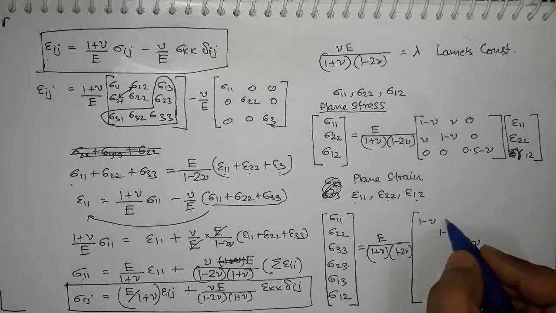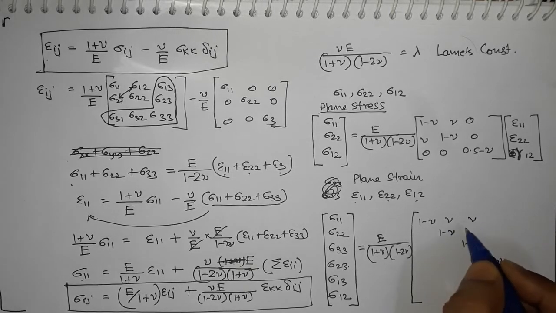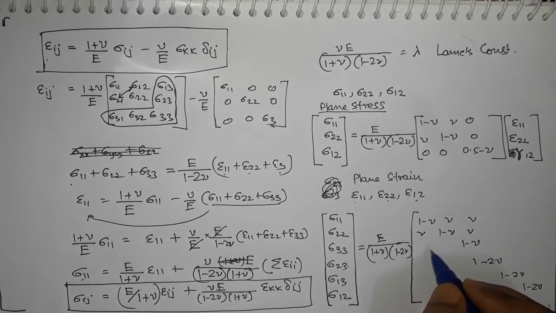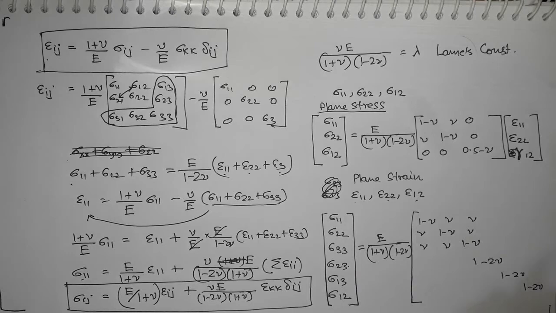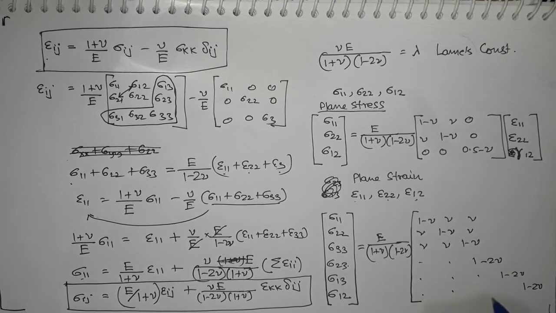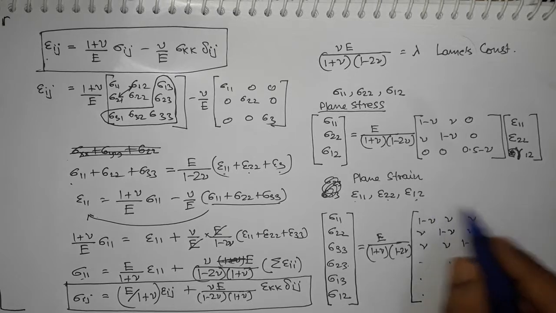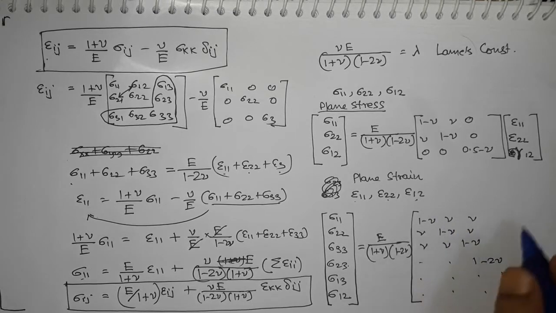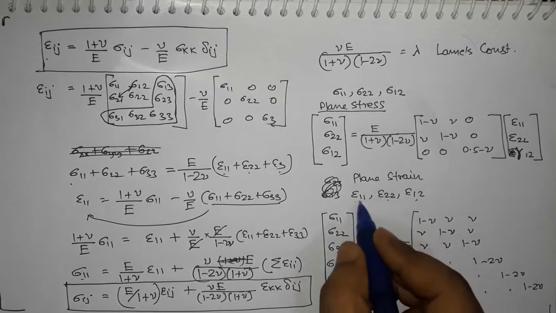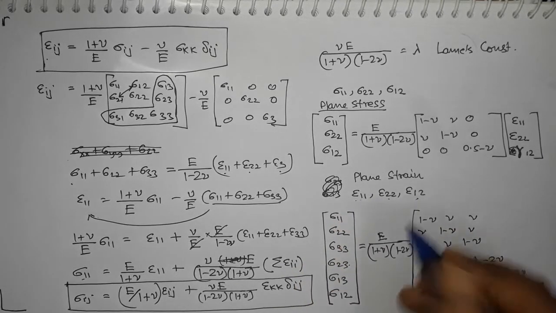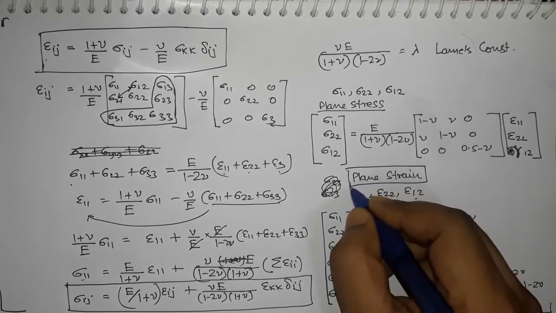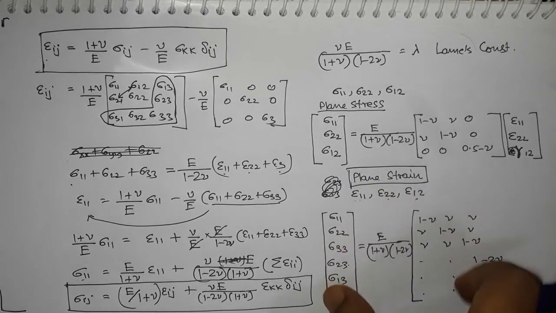And here we will have mu, mu, mu, and 2 more here, and all other components are 0. So this will be the matrix, and then you will have the strain matrix where only these 3 terms will be there. So this will be the condition for plane strain. Okay, this is one way of writing.